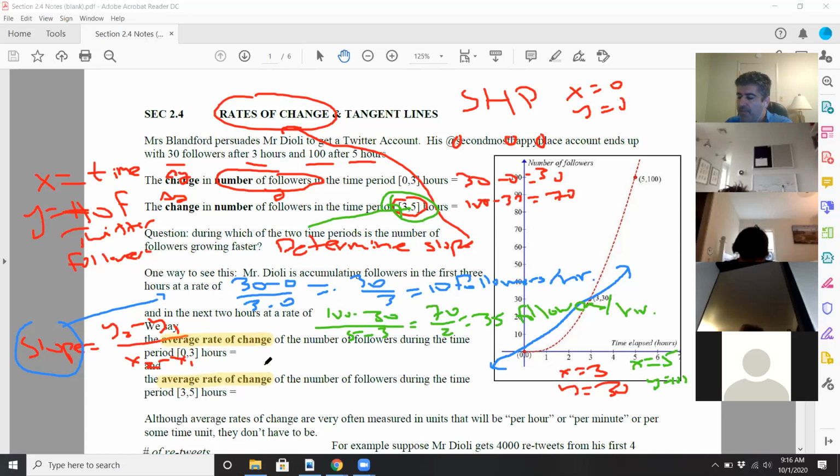On the AP, they love using this phrase and asking you to find this stuff. And you don't want to confuse it with other rates of change, which we're going to talk about later. But average rate of change is exactly what it means. On average, how did the quantity that we're measuring, in this case the number of Twitter followers, change over a certain time period?